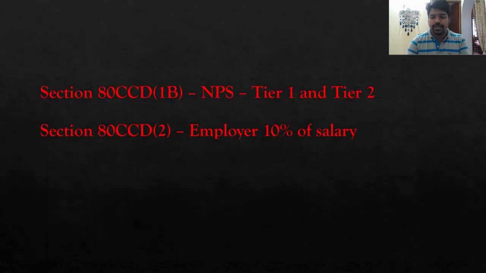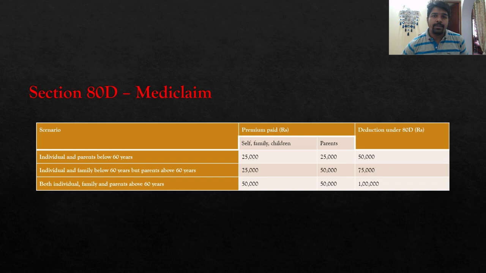Now 80D is related to health insurance plans. Let's go to the PPT again. In the medical policy, you can see that the limit is 25,000 only. If you, your wife and children are there, you can take health insurance up to 25,000. And if you want to include your parents, another 25,000, if both are below 60 years of age.